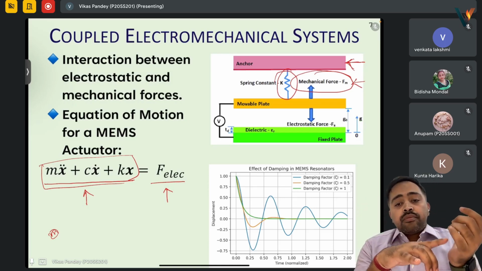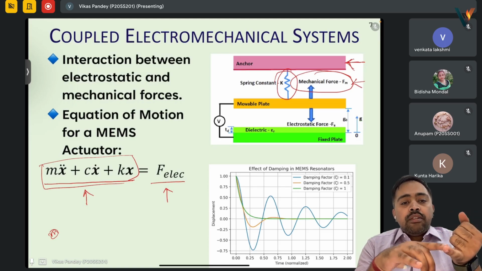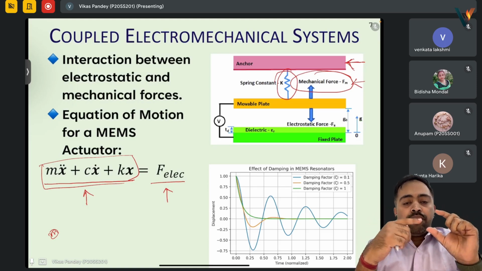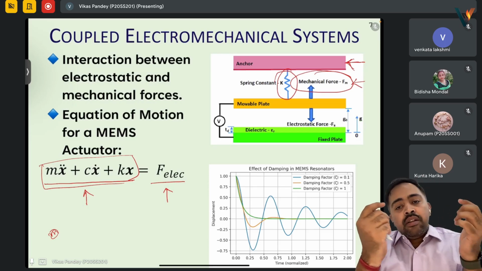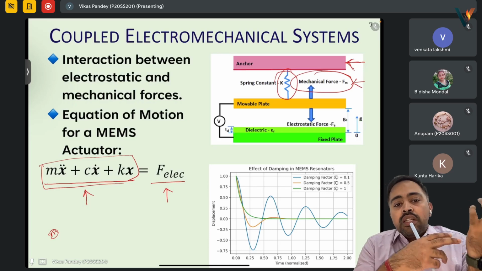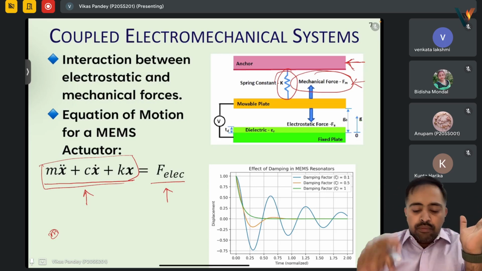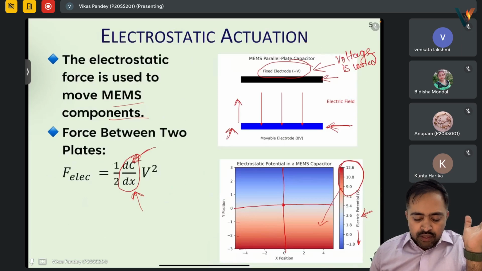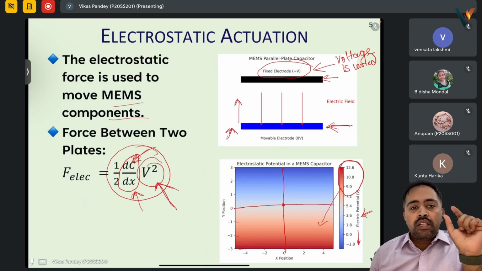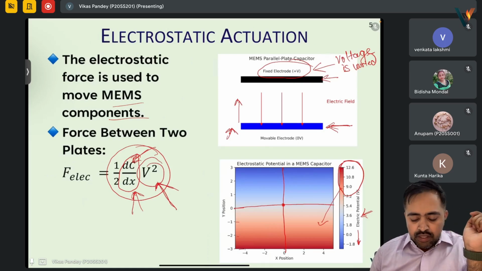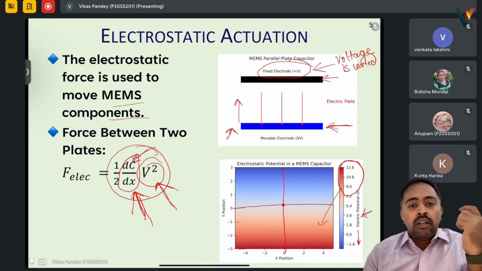So to have the equilibrium position, we again know the electric force. That is given by half dC by dx times V square. V is one component, and the change in capacitance is another component.